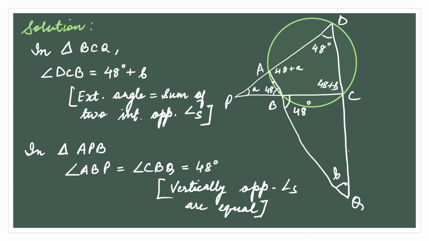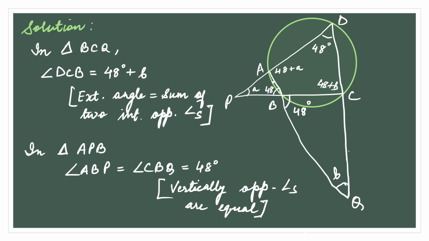Now see, children, it is given in triangle BCQ, angle DCB is equal to 48 plus B, which we have proved. Sum of interior opposite angles.